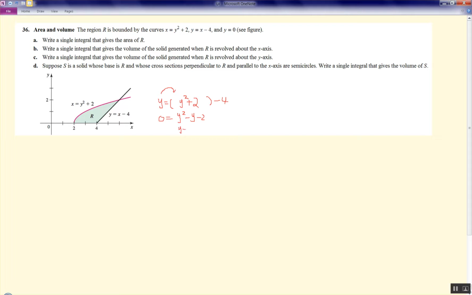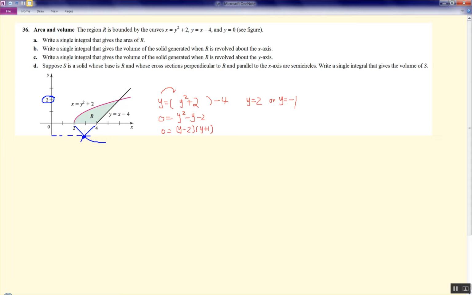And we can factor this quadratic equation and then solve for y. And we can see that y is equal to 2 or y is equal to negative 1. From the graph, you can see that 2 is actually the solution we want. The negative 1 is down on the bottom, maybe somewhere here.